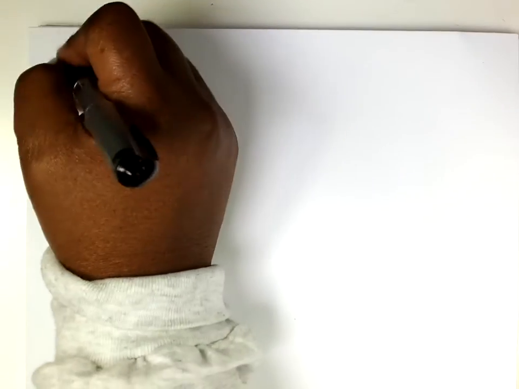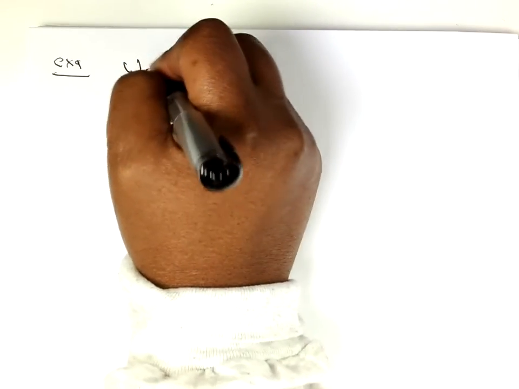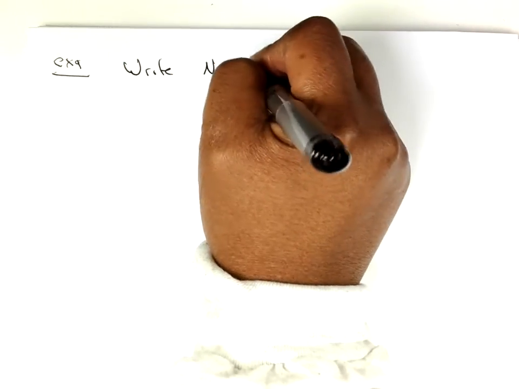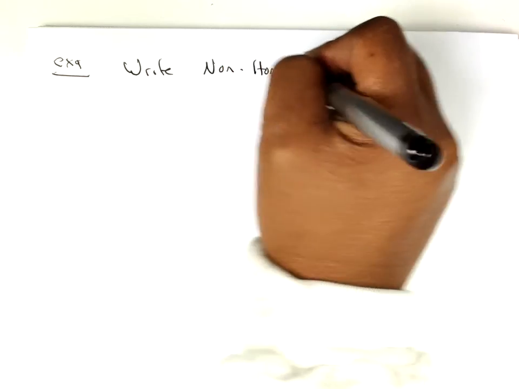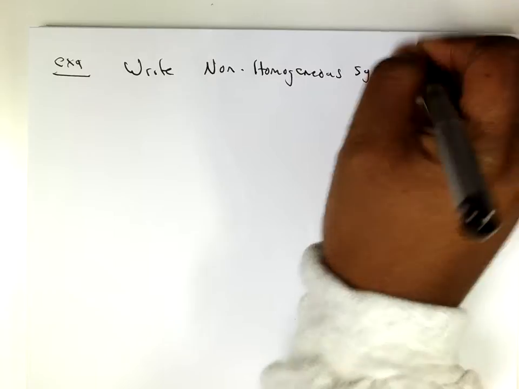Alright, so I'm going to write some out so we can go step by step. I want to write the non-homogeneous system in matrix form.